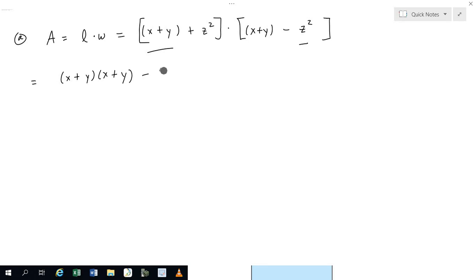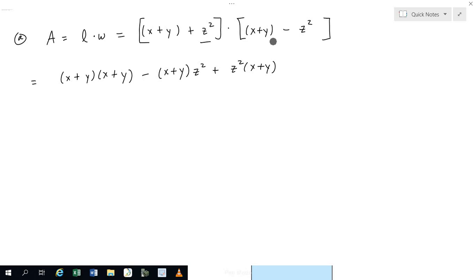So it's negative x plus y times z squared. Now the inner would be this times this, so it's going to be a plus, because you have a plus here and a plus here. So it's plus z squared times x plus y. We'll change the order of this because the order doesn't matter, and if we do, it'll look like the outer term, except with a plus sign instead of a minus sign. So those are going to cancel out.